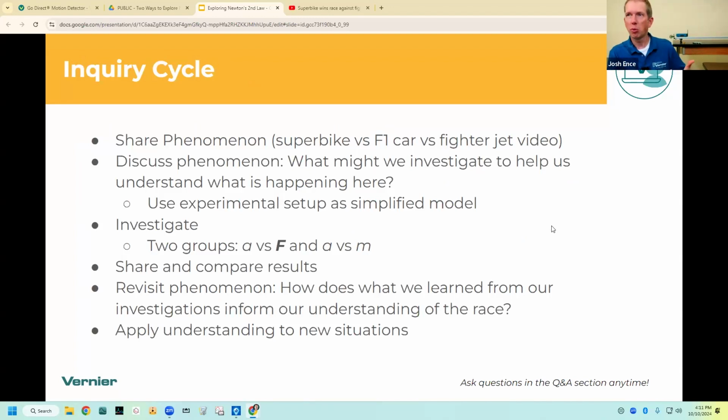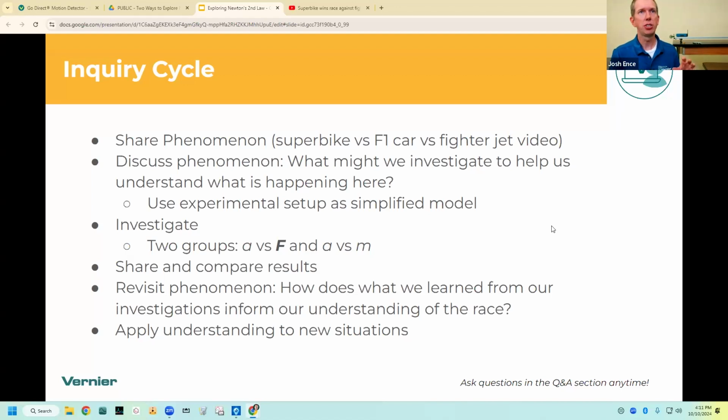You discuss it: what do you observe in this? Why do you think it happens the way it does? And what kinds of things would you investigate to help understand or explain that phenomenon? Our experimental setup is going to be a simplified model of what we're seeing in the video.